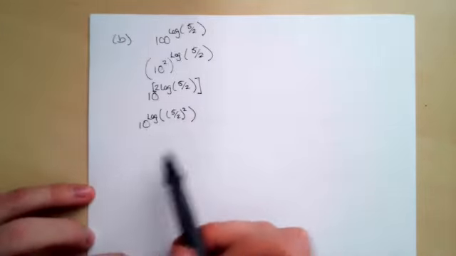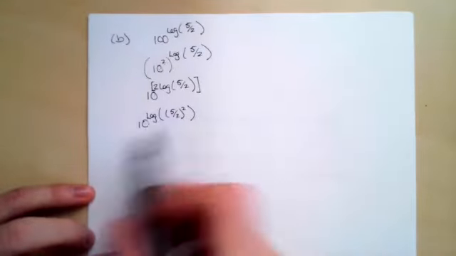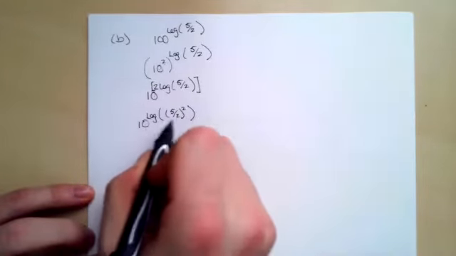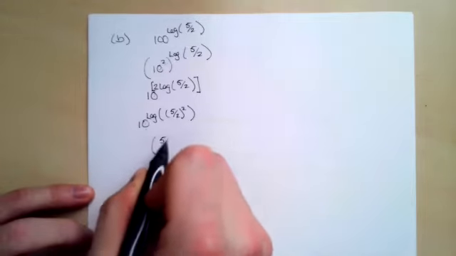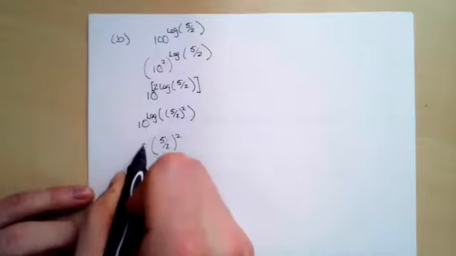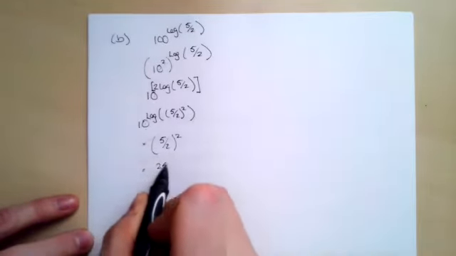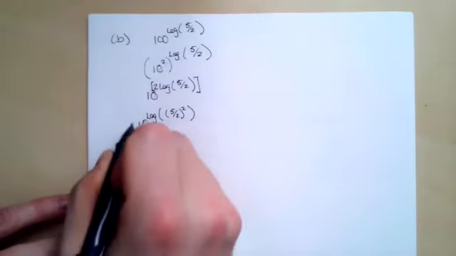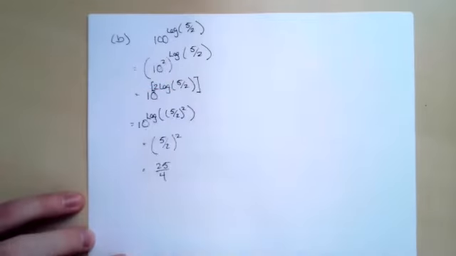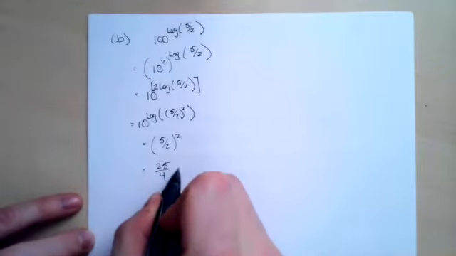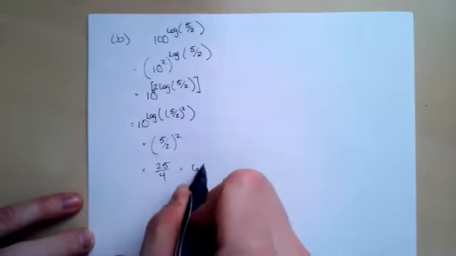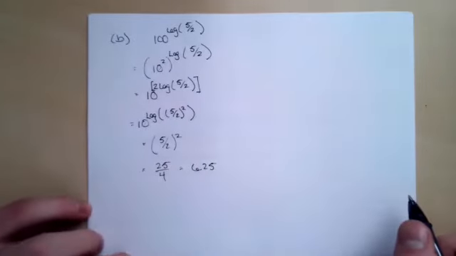Then they cancel. Same base. So they undo each other, and we are left with just whatever's in the argument. So 5 halves squared, or 25 fourths. I think this should be letter M, so they round everything. 6.25 on the worksheet.